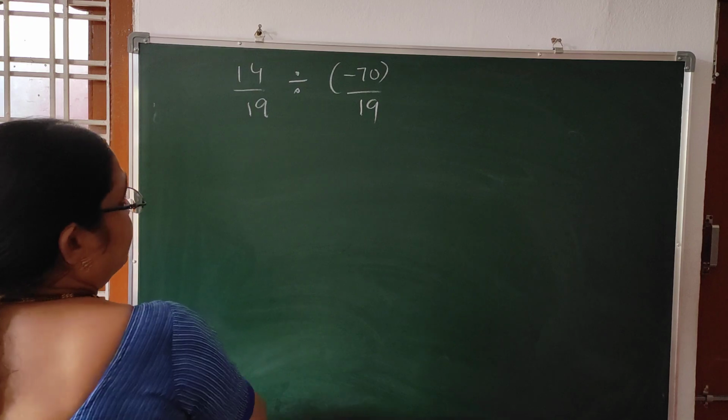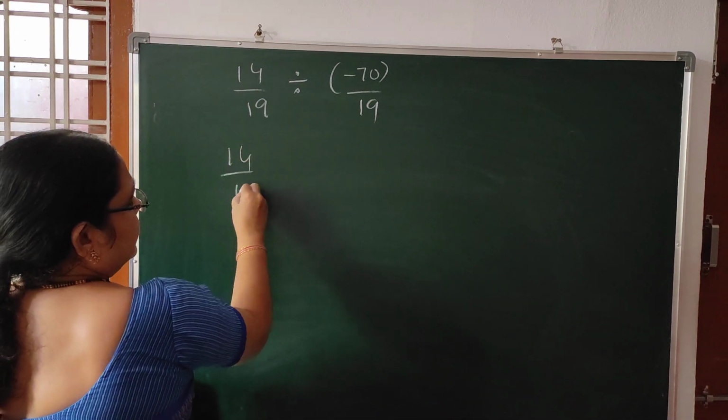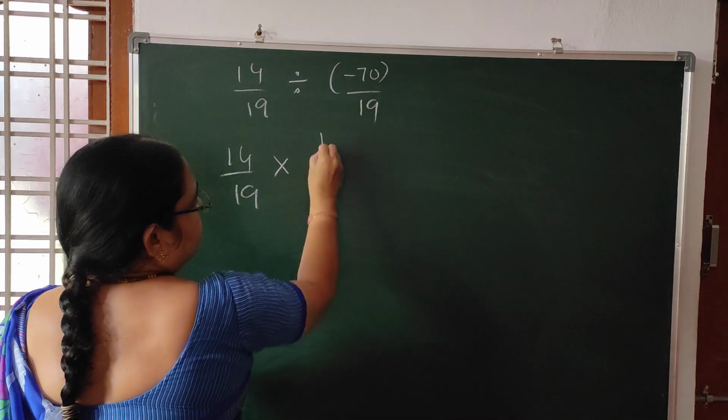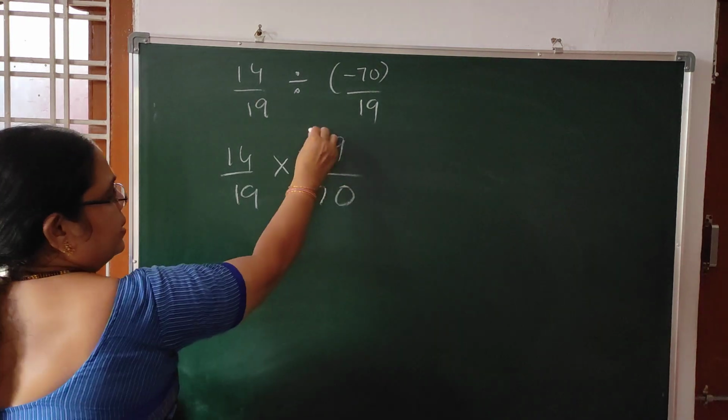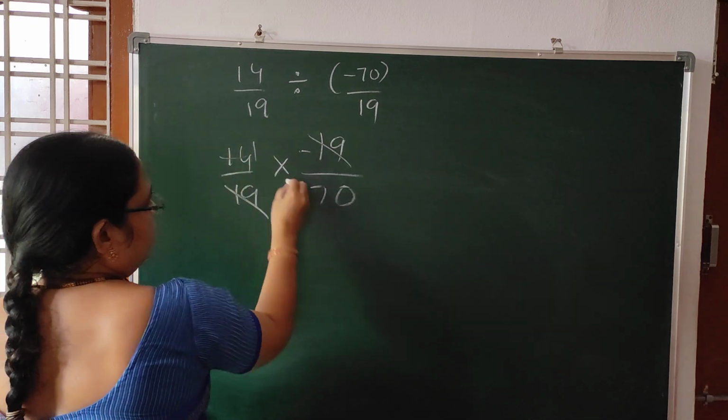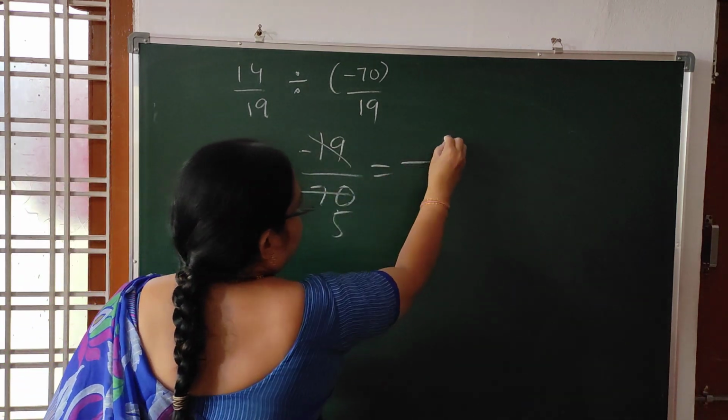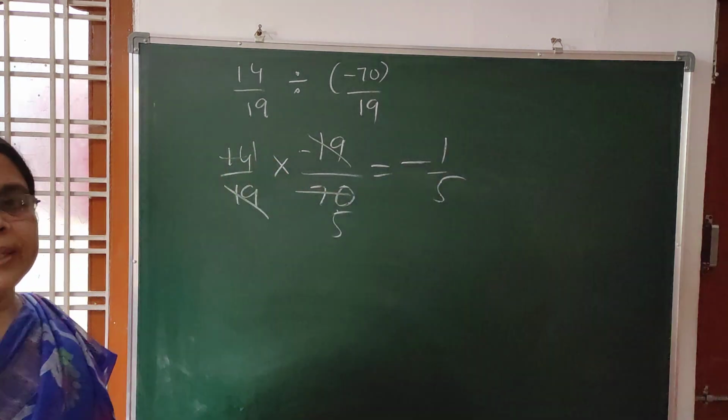Now how to divide this? 14 by 19 into its inverse, so 19 by minus 70. 14 ones are 14, 14 fives are 70, this is equal to minus 1 by 5.